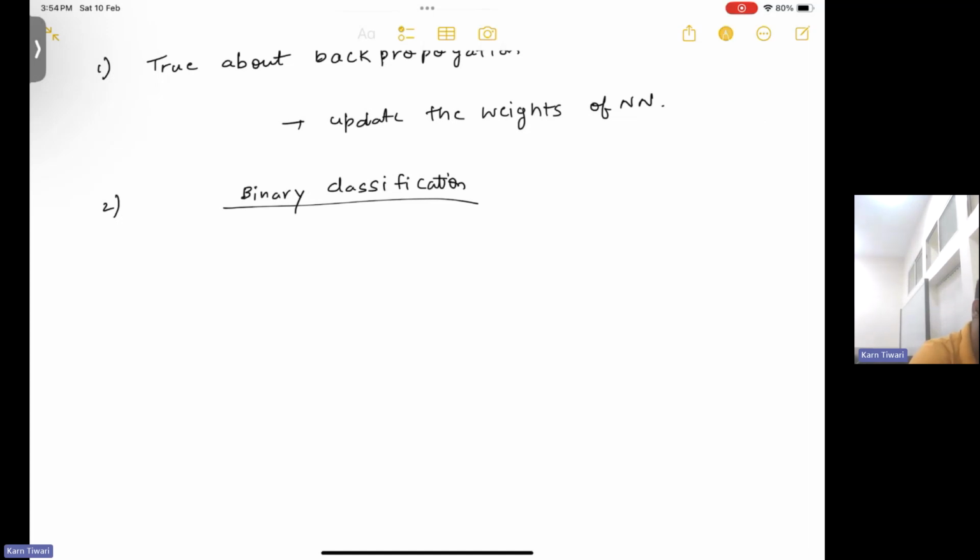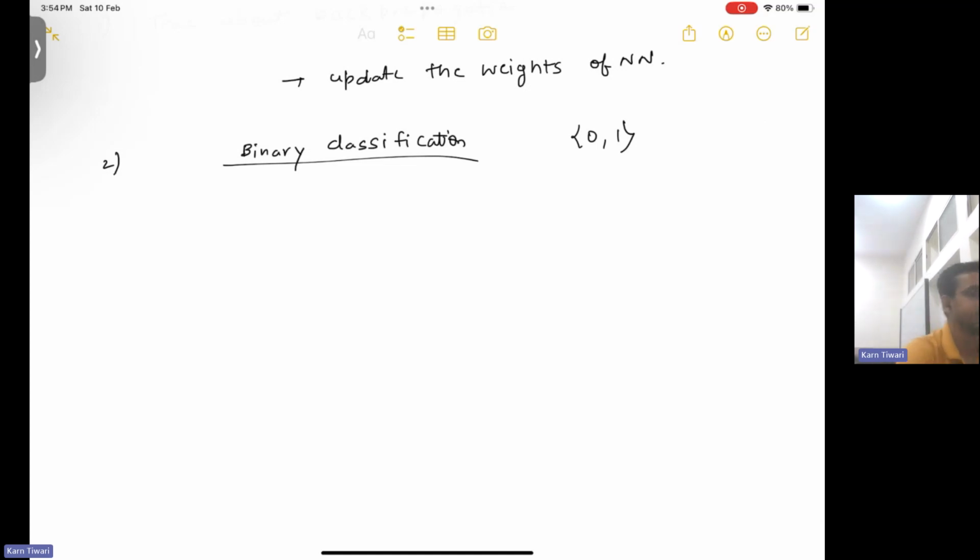Binary classification means my output is either 0 or 1, either true or false. It can't be both of them, and there are no other classes. So y is the true label and p is the predicted probability of the true label.